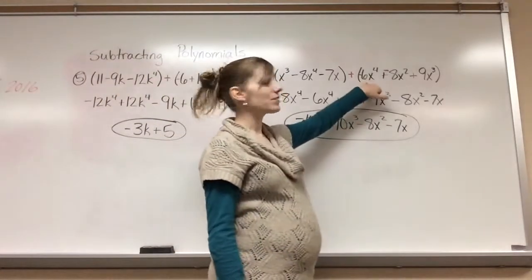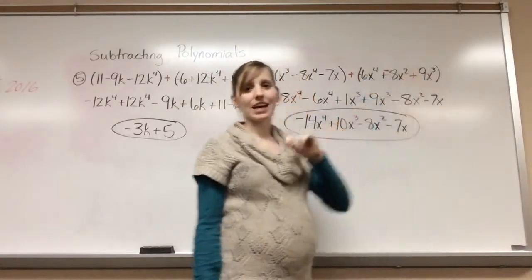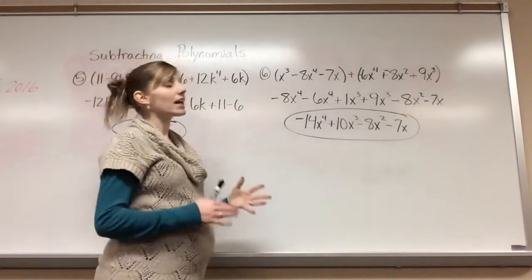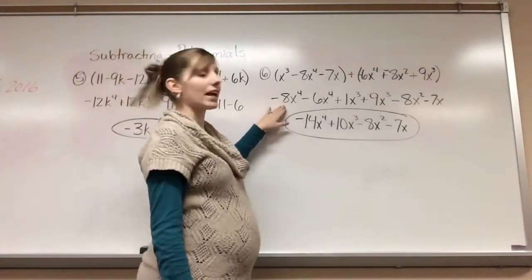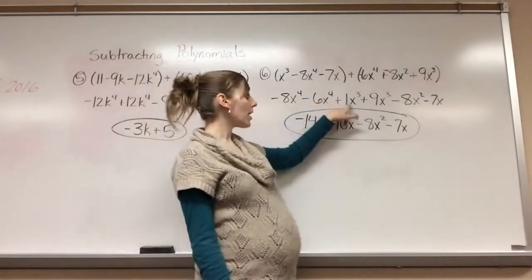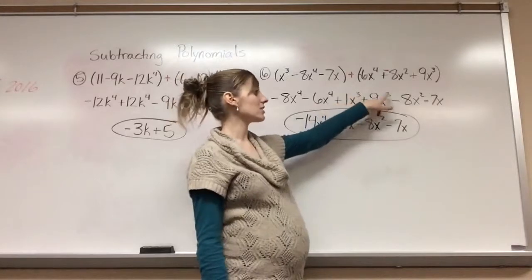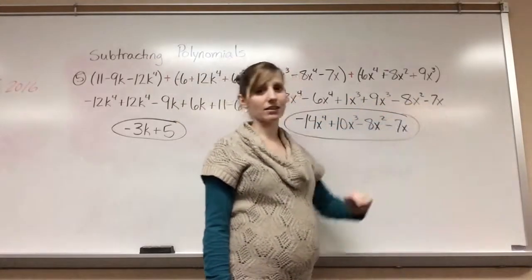So it became negative 6x to the 4th minus 8x squared plus 9x to the 3rd. After that, I put them in order from largest exponent to smallest. I got negative 8x to the 4th minus 6x to the 4th plus 1x to the 3rd plus 9x to the 3rd minus 8x squared and then minus 7x.